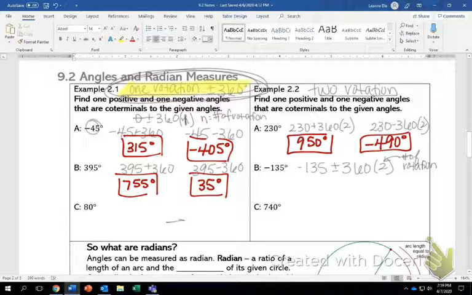So if we are doing 2 rotations for this letter B, then counterclockwise, we will end up at 585 degrees, and clockwise, we will end up at negative 855 degrees. All right, so this is how you do example 2.